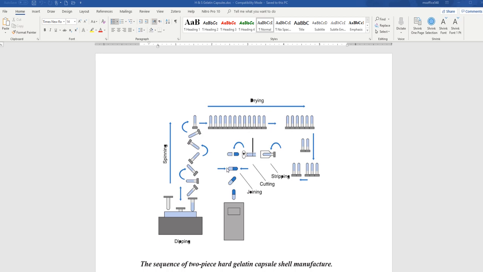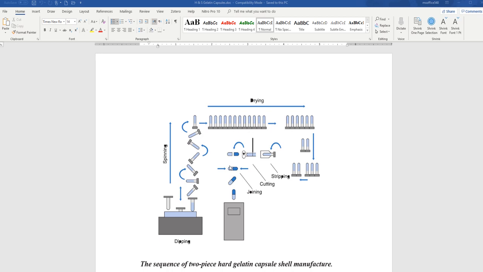Then the capsule will join, because they will not be separate, they will be together, but in a pre-closed position, or we also call it pre-locked position. Okay, then it will be packed and stored in the right environment.